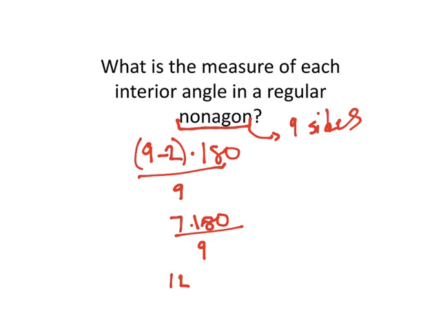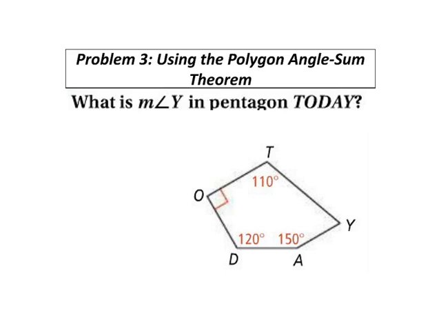So 1,260 divided by 9 gives us 140 degrees for a nonagon.